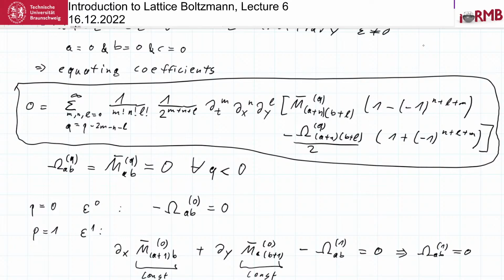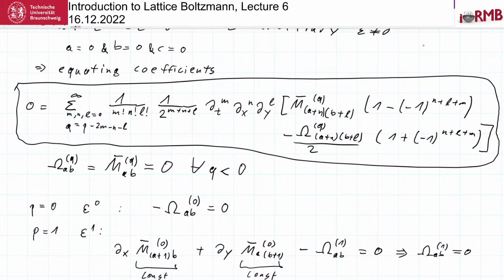This would always be negative unless M and N and L are all 0. And we know, by the asymptotic expansion of our dependent variables, which are the moments in the collision operator, that they start from 0. So they have no negative part. Yeah?